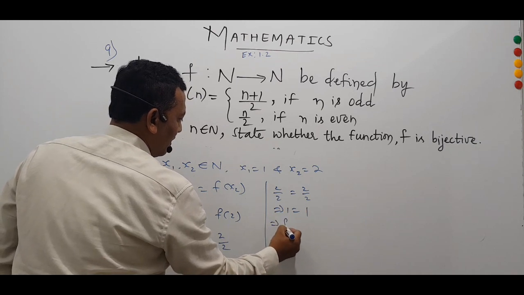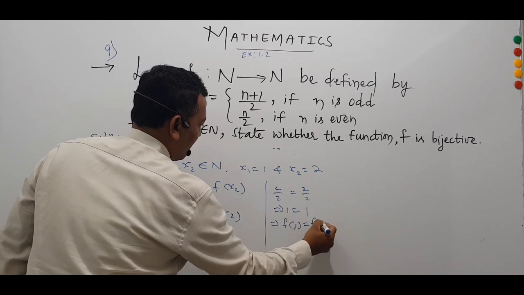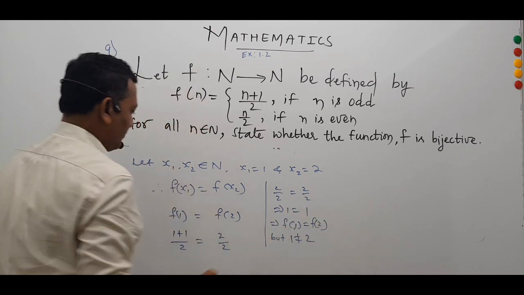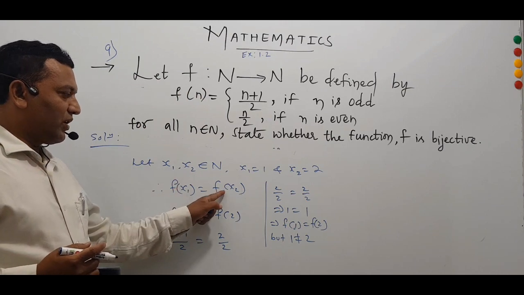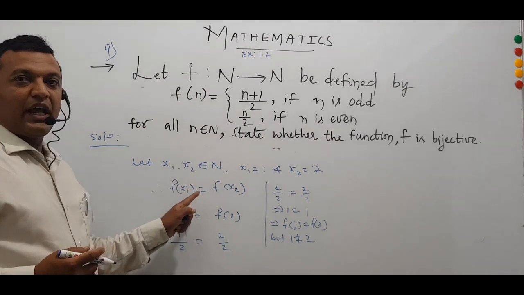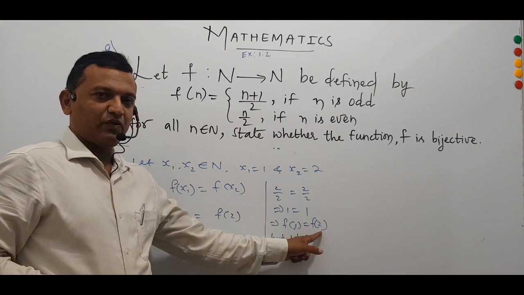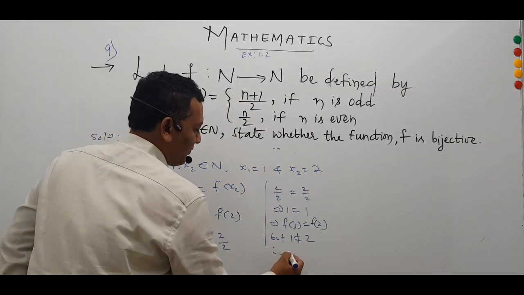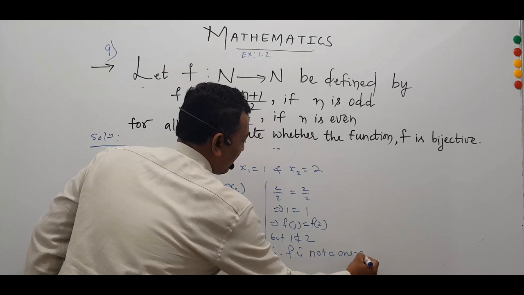This is f(x1), that is f(1) equals f(2), but we can see 1 is not equal to 2. If we want to prove it is one-one, for every f(x1) equal to f(x2), we should get x1 equal to x2. But we have f(1) equal to f(2), but 1 is not equal to 2. Therefore, f is not a one-one function.